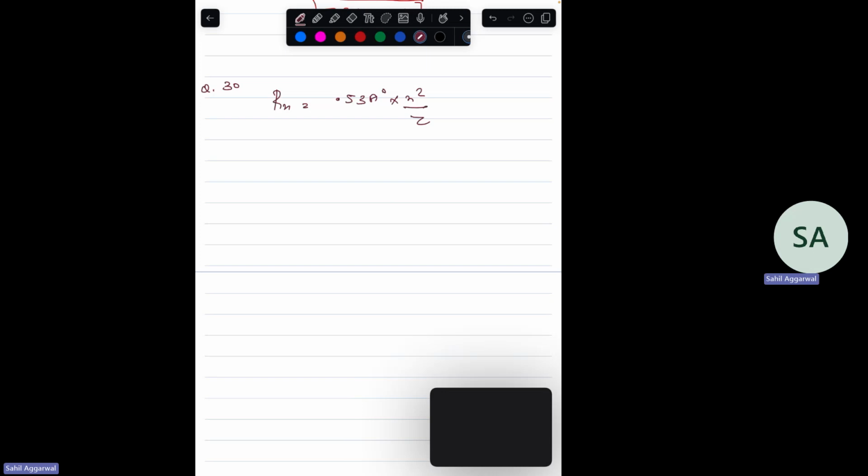But this formula does not have m. So if we write down another formula, radius of n would be n square h square divided by 4 pi square m k z square. If we take this formula, then this question becomes very easy. Otherwise, we could not solve it.